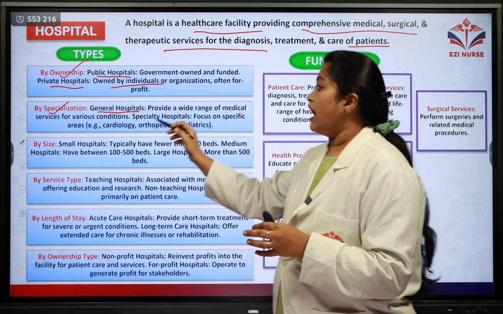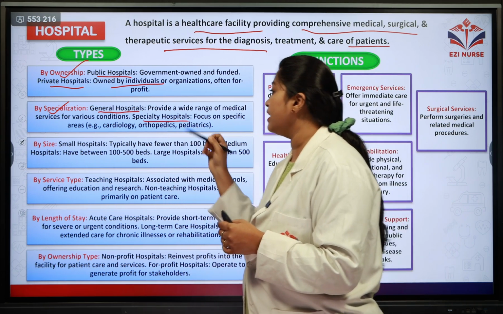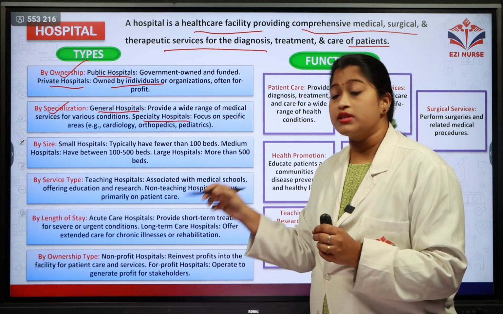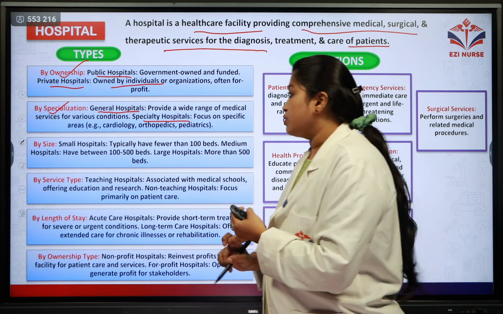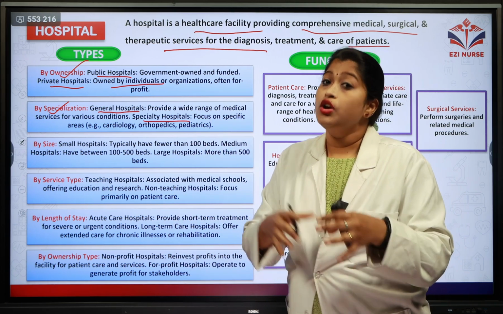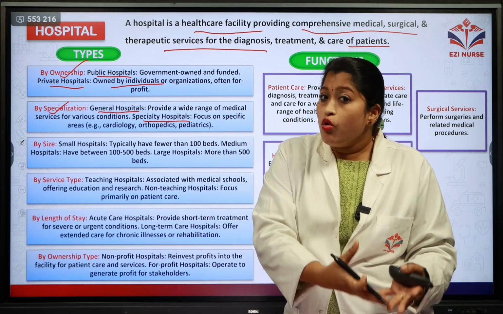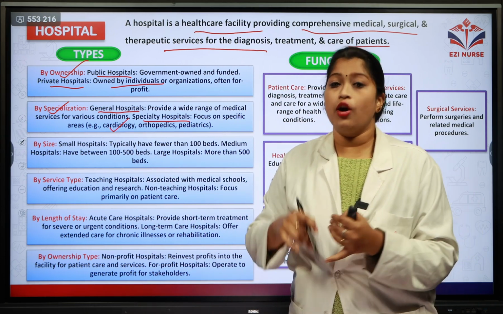Coming to the second classification, specialty hospitals. Here they focus on specific areas like cardiology, orthopedic, pediatric. Pediatric means they are taking care of children, orthopedic relates to the bones, cardiology relates to the heart.